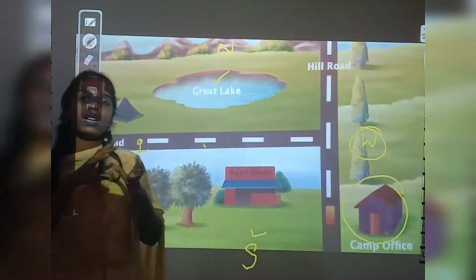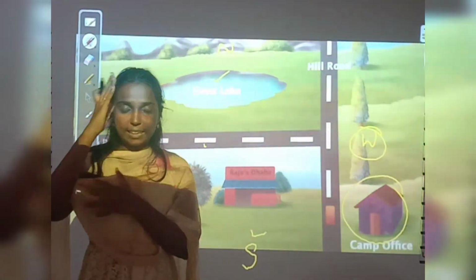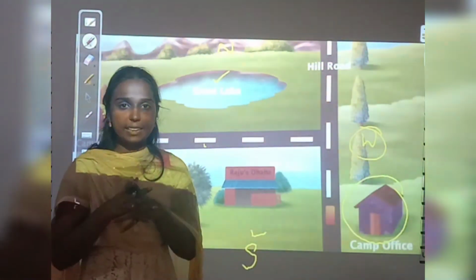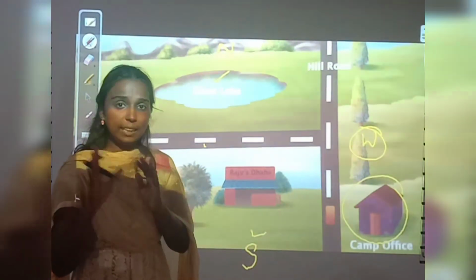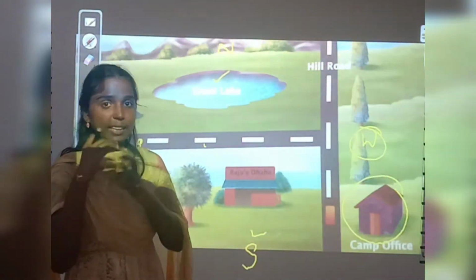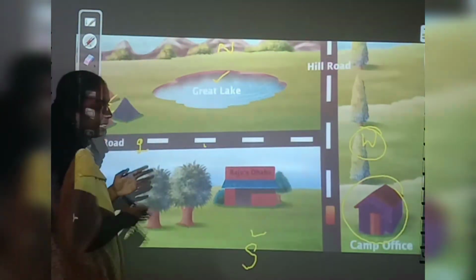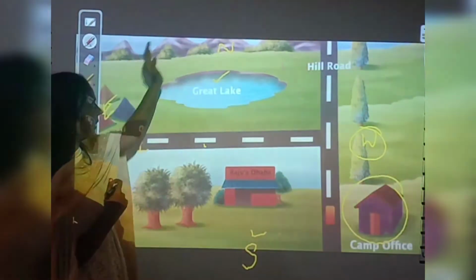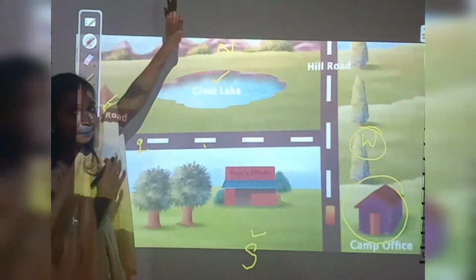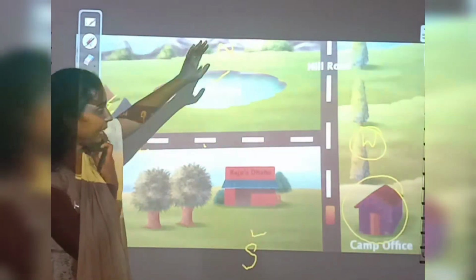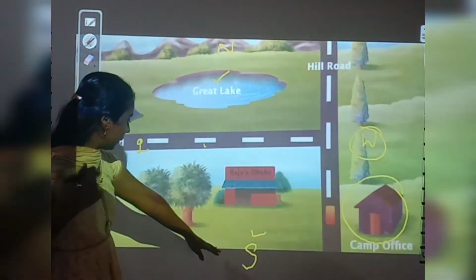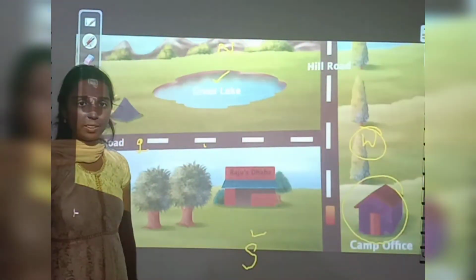Now say, what is the difference between those common directions we have learned already and these main directions? In those common directions, how we have learned, if you are facing towards this side, then this Great Lake is located towards your left hand side, and this Rajas Dabba is located towards your right hand side, right?